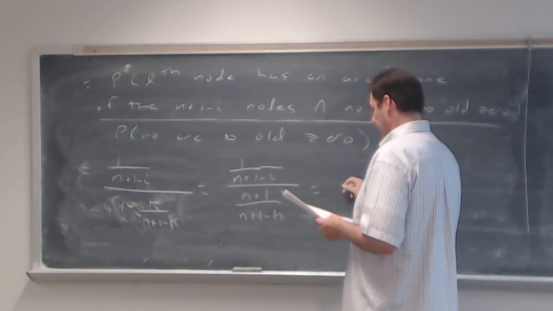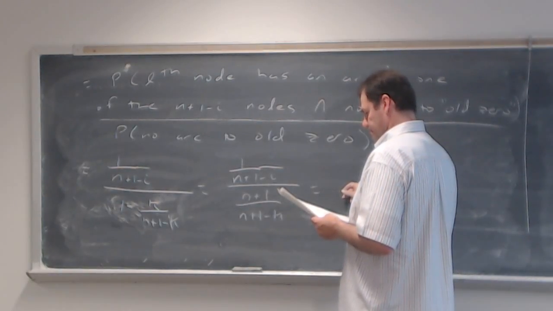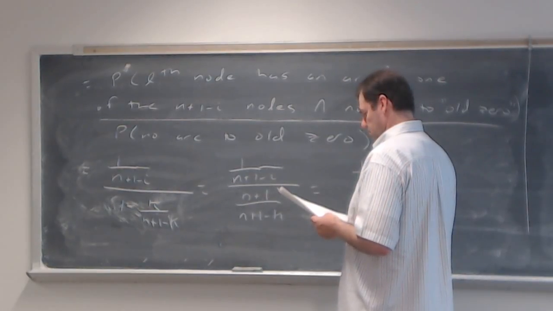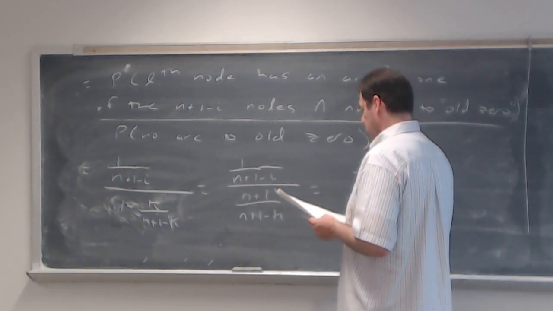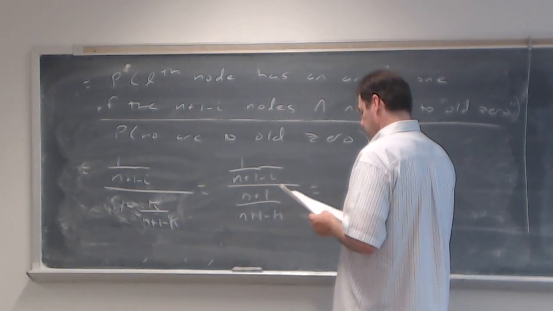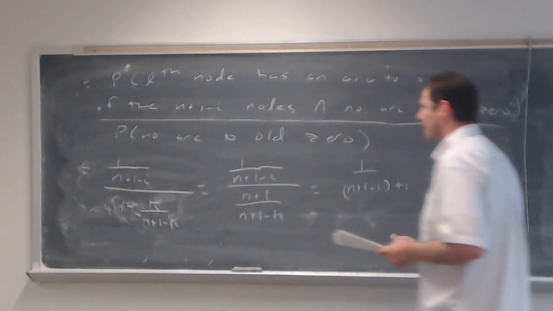And that ends up being 1 over n plus 1 minus I plus I. Let me stop there.